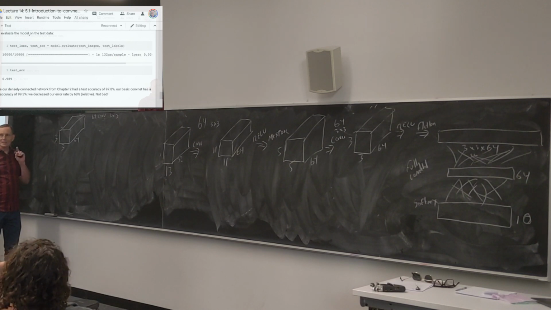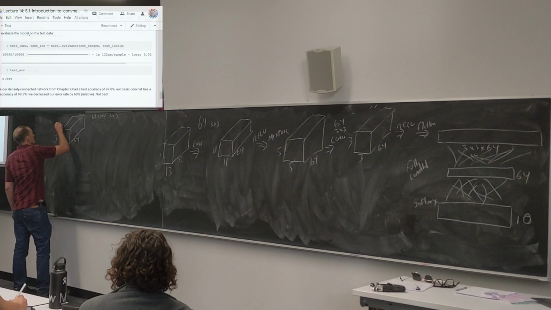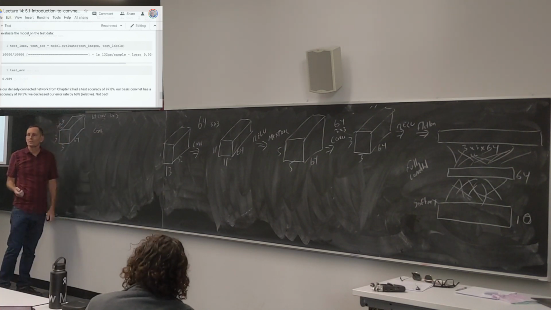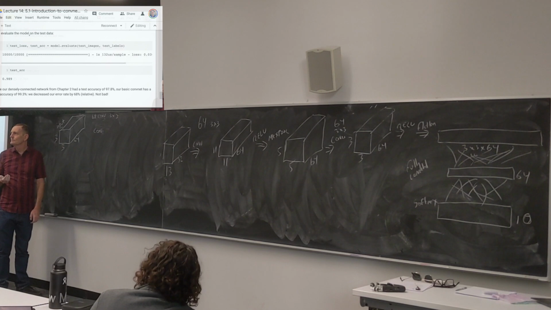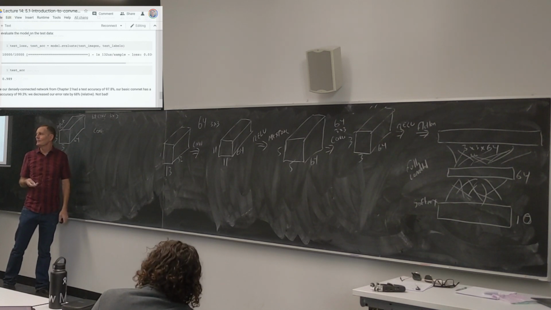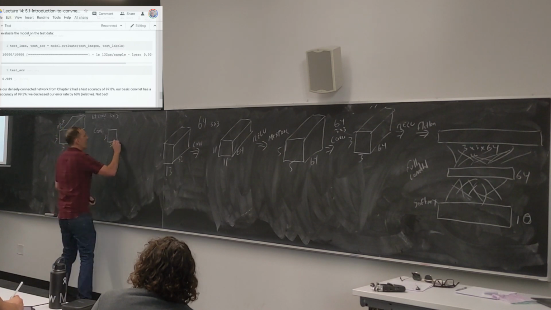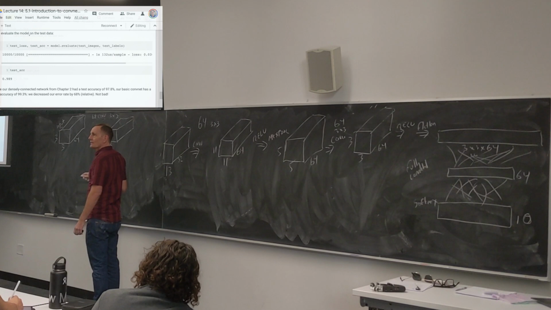Let's look at a single convolution. So this is our input. The first convolution, what are its dimensions going to be? Well, I'll help you out. It's a 3 by 3 conv, so the first two dimensions are 3 by 3. How deep does it need to be? 64.